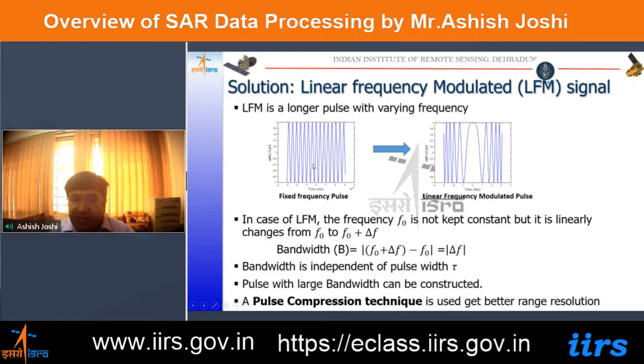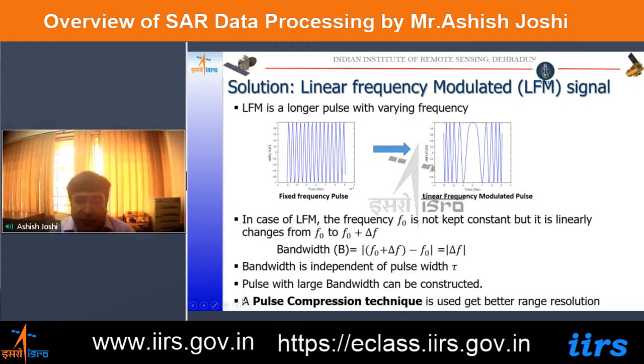So we see this pulse has a fixed frequency, but LFM has a varying frequency, varying within the pulse. So this is the solution for getting high resolution in the range direction. Here we can see the bandwidth is independent of tau. It is given only by delta F.